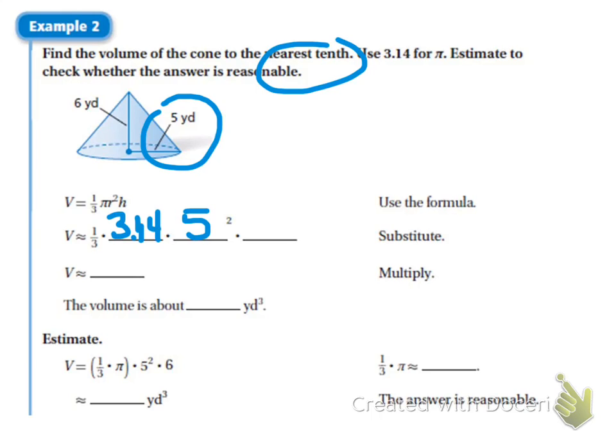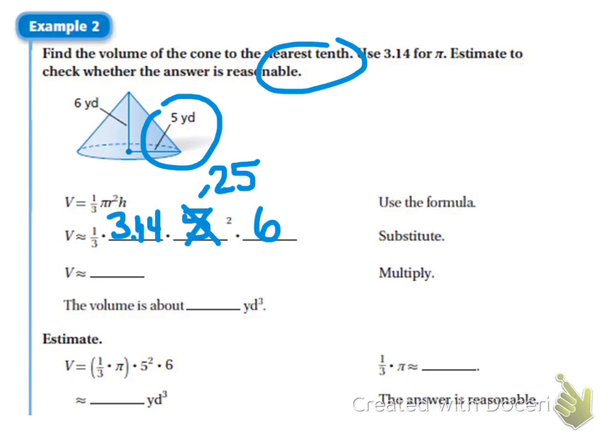So all I need is the radius. Thank you. Radius is 5. What's 5 times 5, Dylan? 25. That's okay. Everyone makes mistakes. Multiply by the height, which is 6. So can somebody tell me when they multiply on their calculator, 3.14 times 25 times 6 divided by 3?